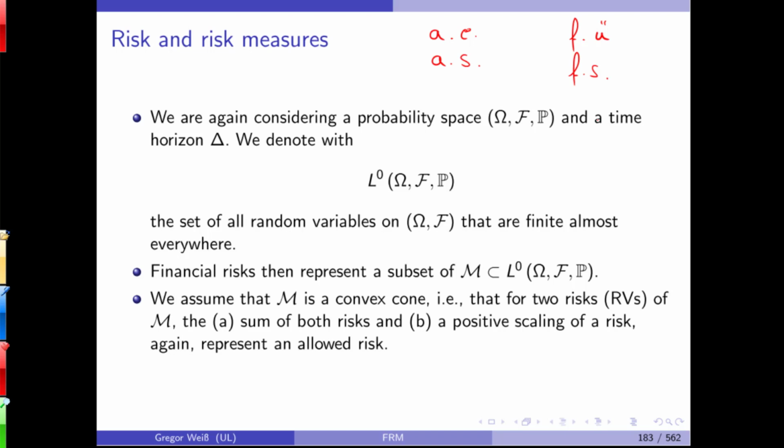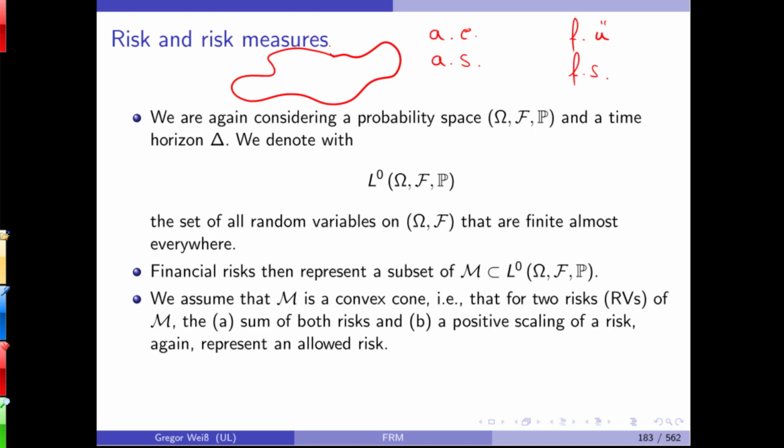Okay. Then we assume that M is a convex cone, that is, for two risks, aka random variables, the sum and a positive scaling of a risk are again an allowed risk. What does it mean? We have this set of risks. Let's assume these are stock investments.